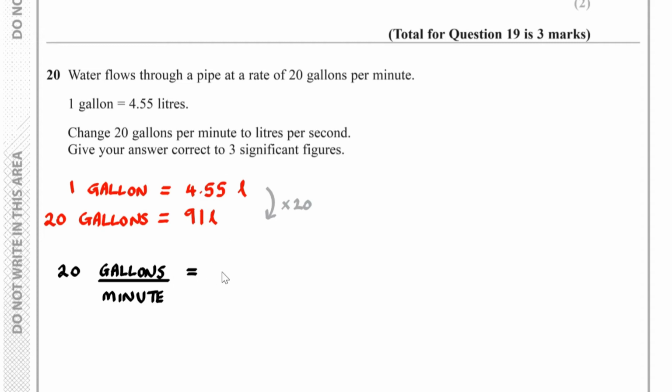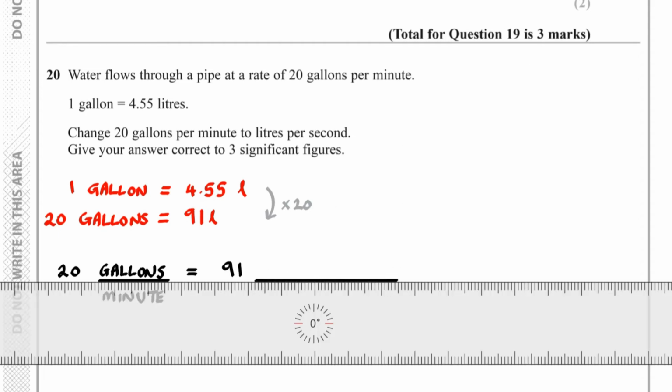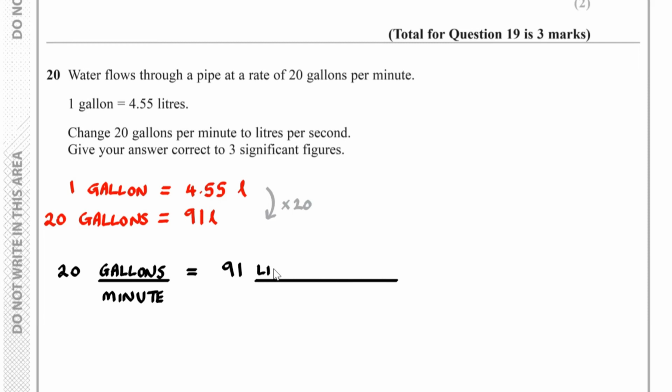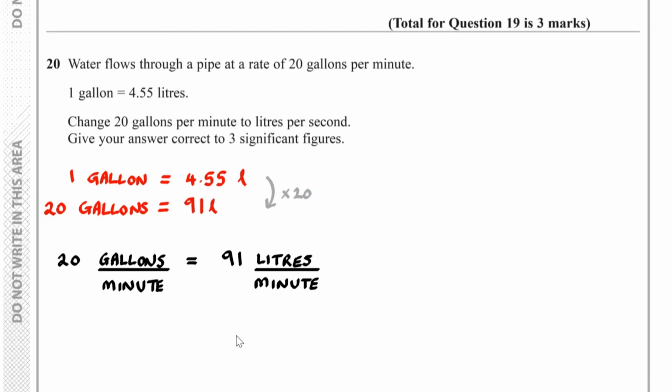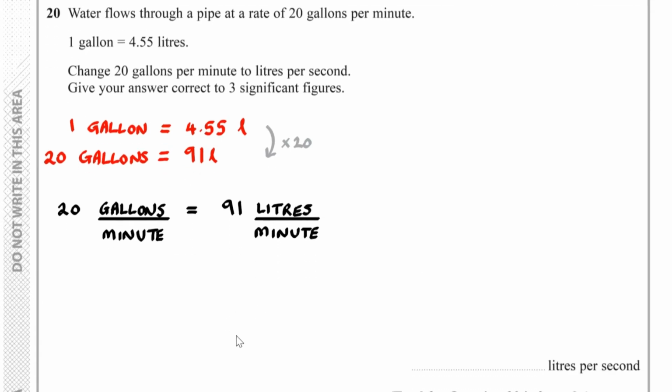So 20 gallons is the same as 91 litres. So here we've got 91 litres per minute. So at this point, what we would have to do is divide by 60 to convert it into litres per second.